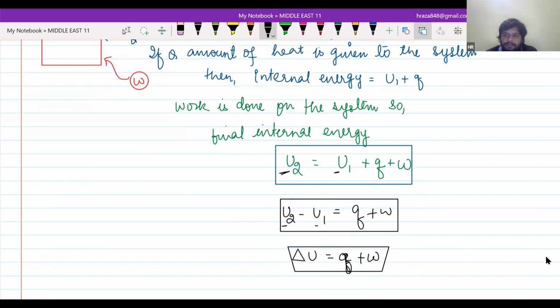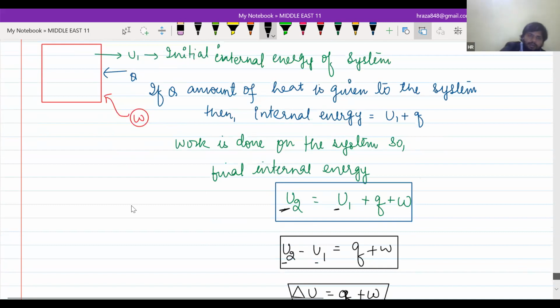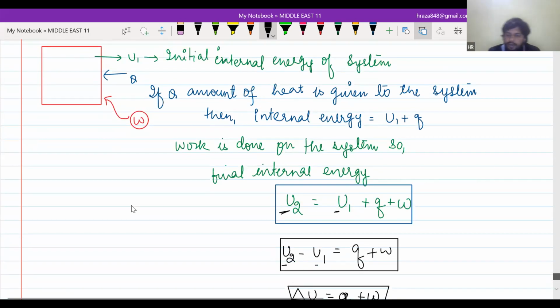Everyone okay? Yes, sir. Okay, write it from here. It was to understand in a better way. I just derived this formula for you.